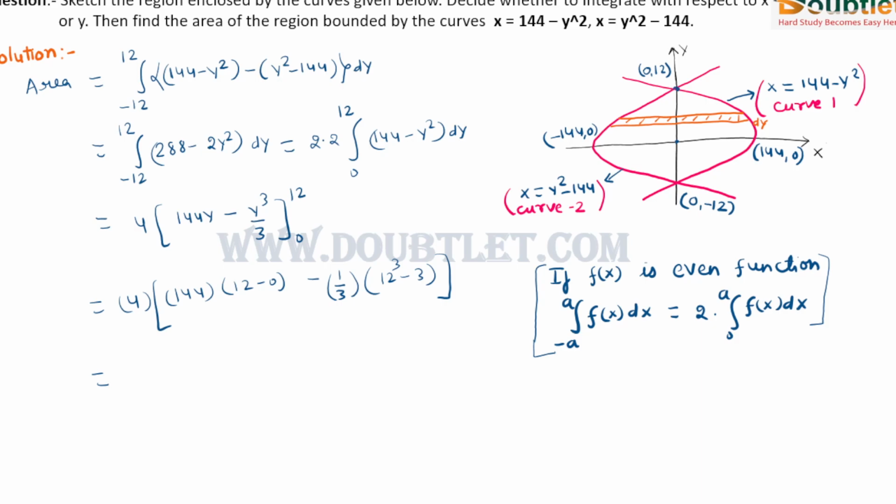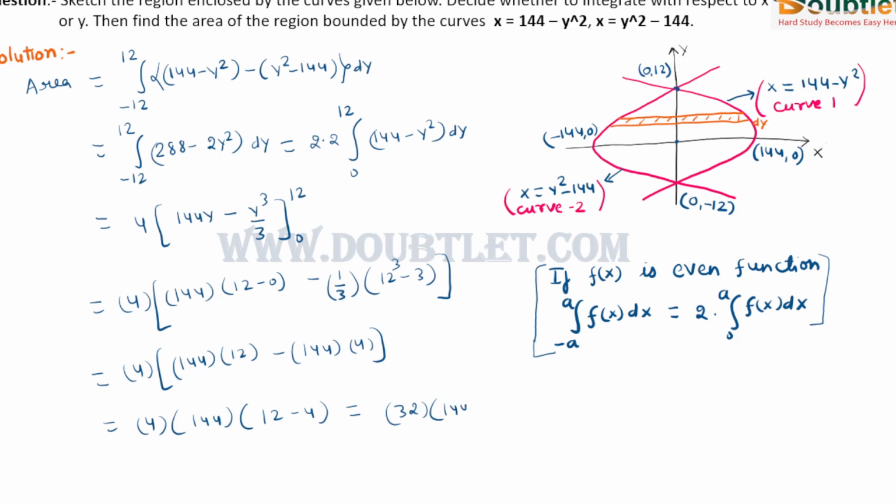So we need to multiply, that is we can write 144 into 12 minus, this will become 12 square 144, and if we solve 12 by 3, this will become 4. So 144 will also come out of the bracket, it is a common term, and this will be rewritten as 12 minus 4. So we can write it as 32 times 144.